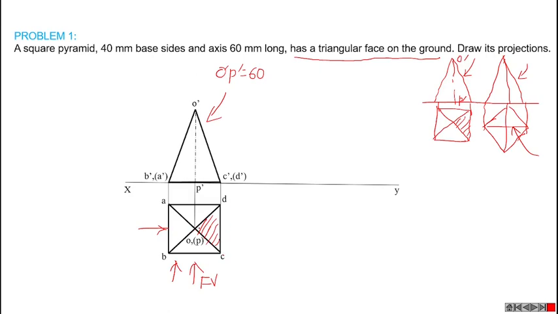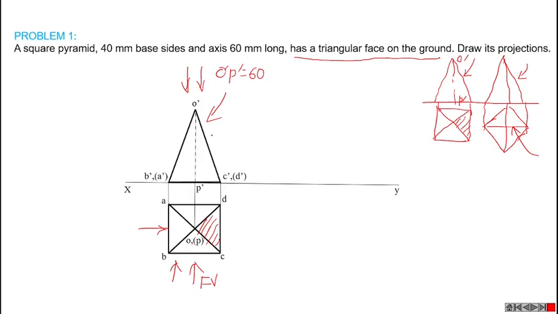Triangular face CDO can be represented as C dash, D dash, O dash in front view. Otherwise, in top view, we can see axis point O, but we can't see the axis point P, so we can represent this point as O in bracket P.